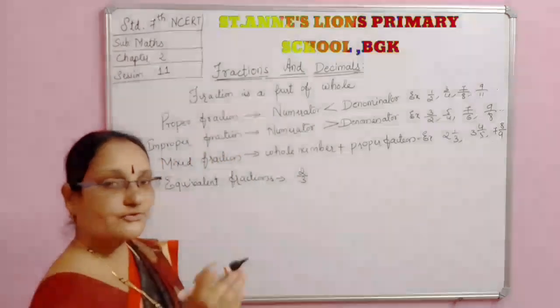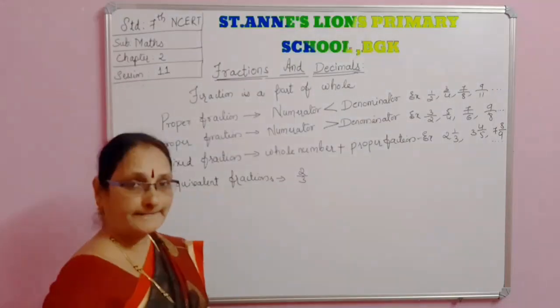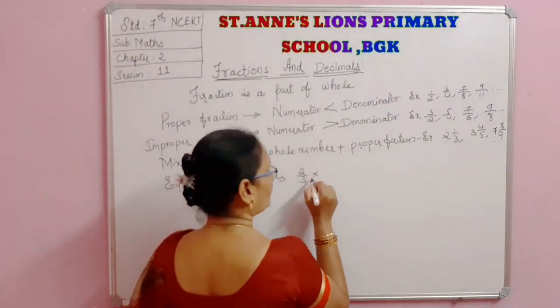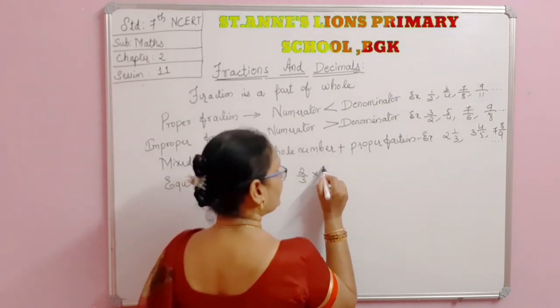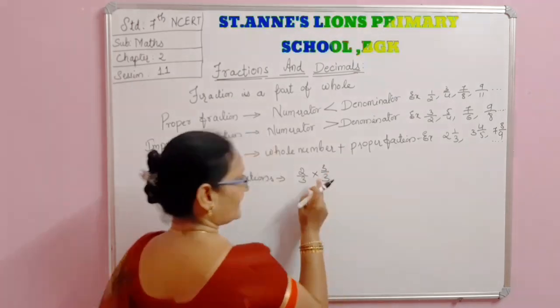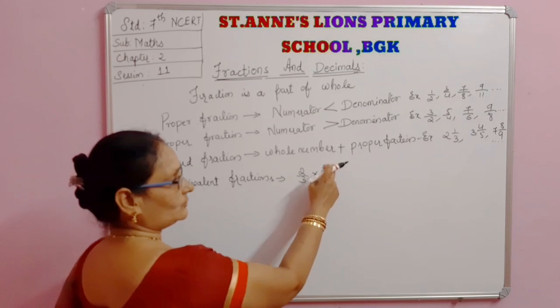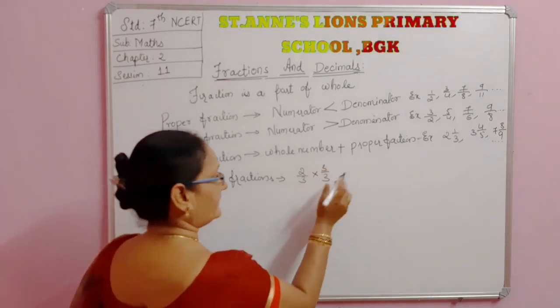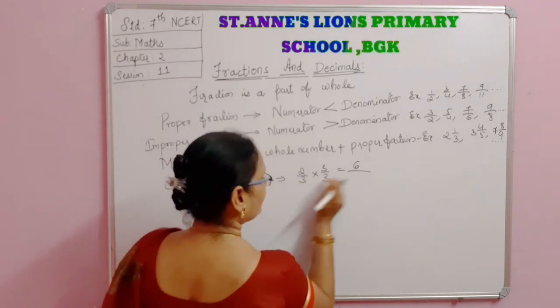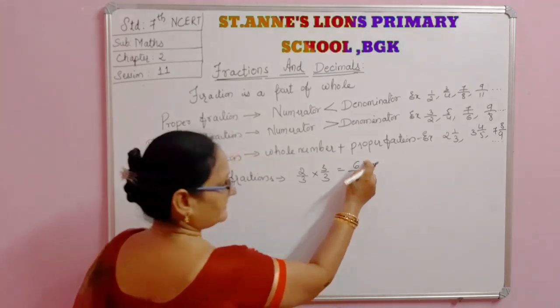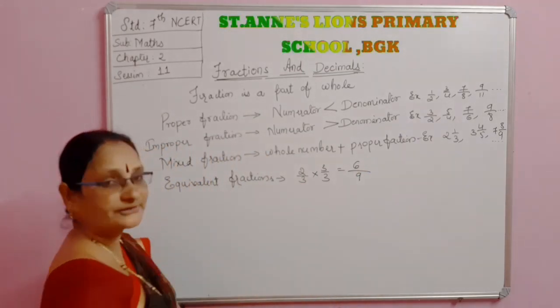How to find out the equivalent fraction of this 2 by 3? Just multiply both numerator and denominator by the same number. Suppose if you want to multiply 2 by 2, 3 by 3 with the same. See, 2 3s are 6, 3 3s are 9. 6 by 9 is equivalent to 2 by 3.